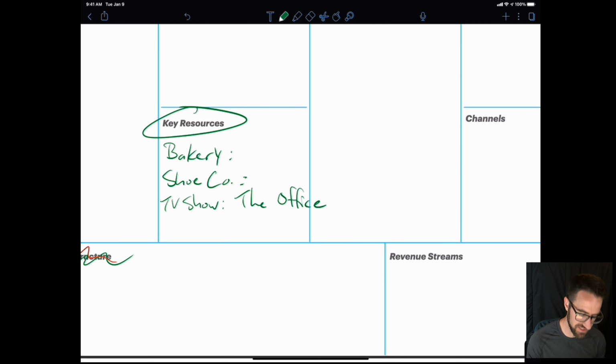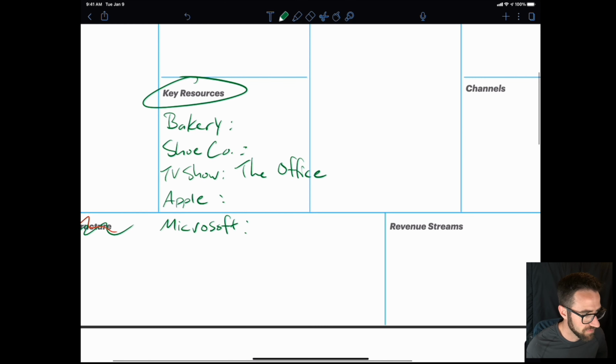The next one, we're going to use some bigger companies. We're going to say Apple, and another big company, which is, we're going to do a different example for this one, Microsoft. And then I guess we have a couple of other big ones here. Let's look at this one. Instead of Google, we'll do Facebook. Okay.